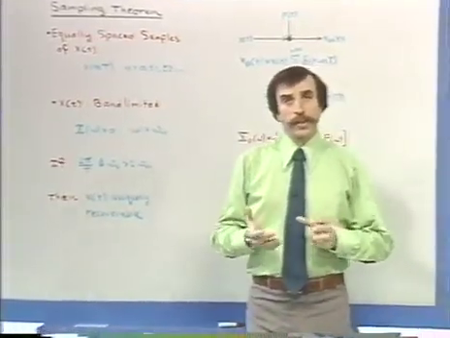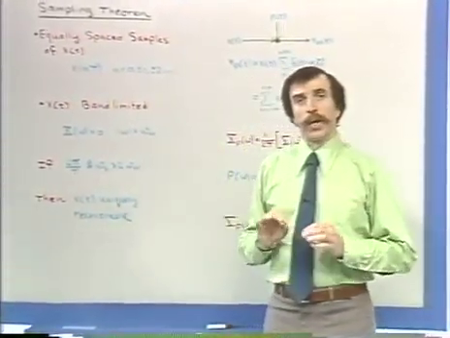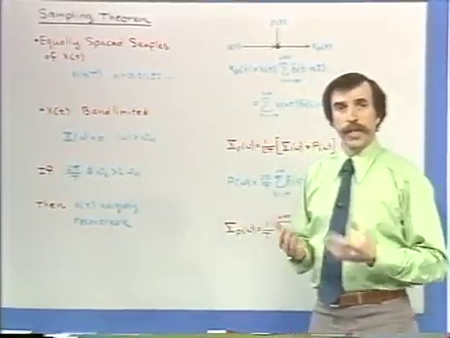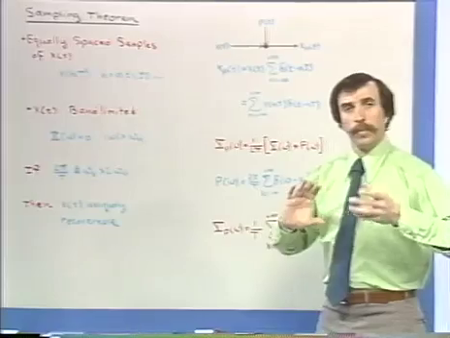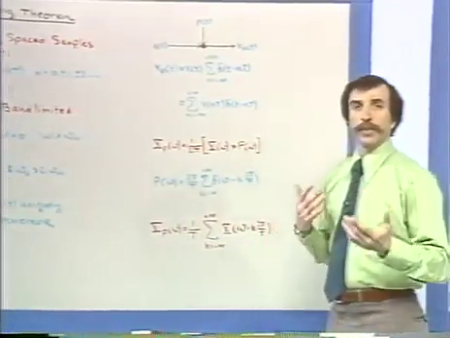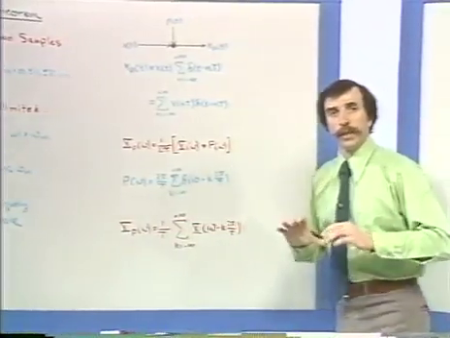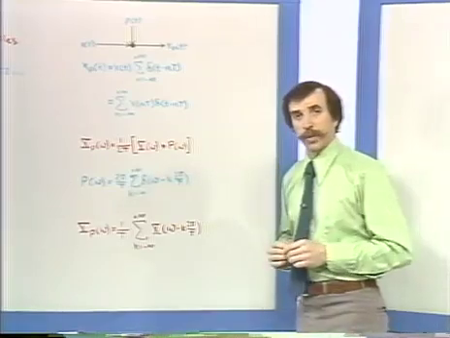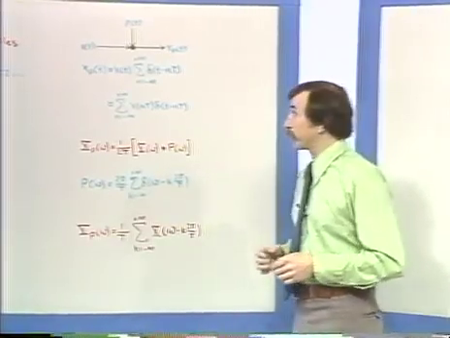And the sampling theorem essentially was derived by observing or using the notion that sampling could be done by multiplication or modulation with an impulse train, and the sampling theorem developed by examining the consequence of the modulation property in the context of the Fourier transform.